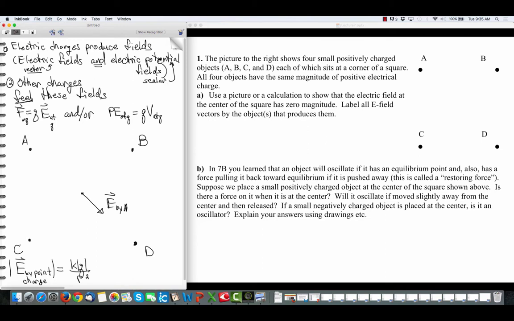How about by B? The electric field by B, another positive charge sitting there at B, towards C. If you put all of those in, so this would be E by B. From C, it would be an electric field that way, E by C. And I'm not doing this very well, but let me try to do it better.